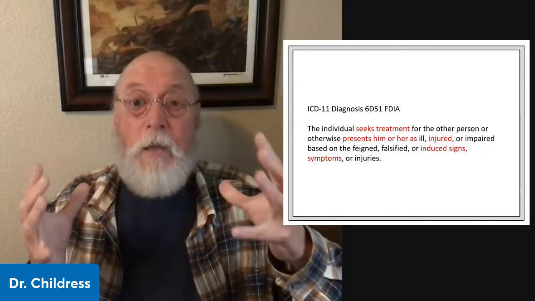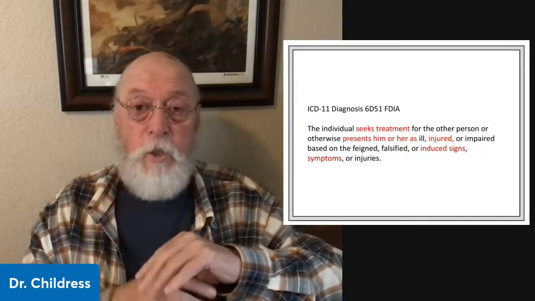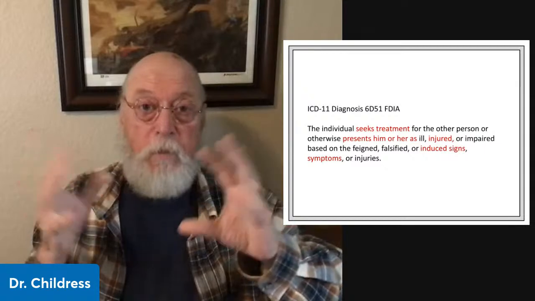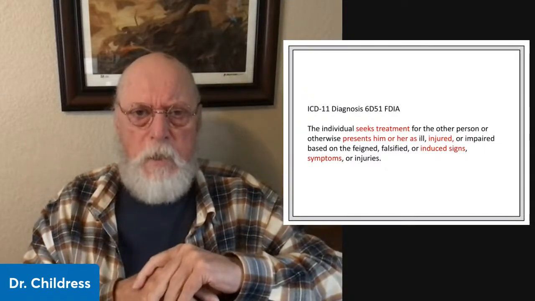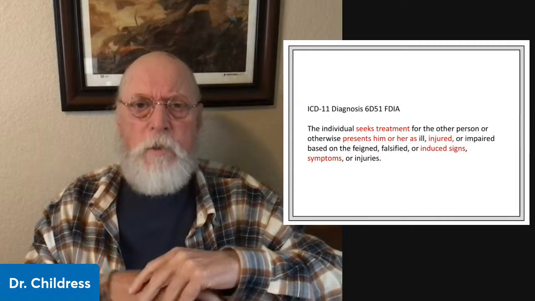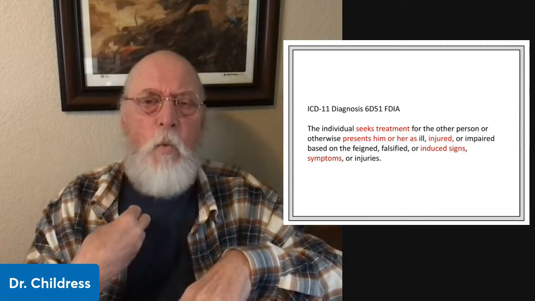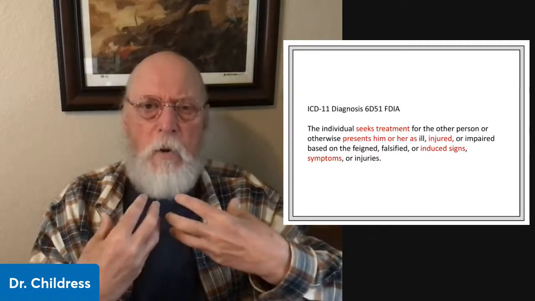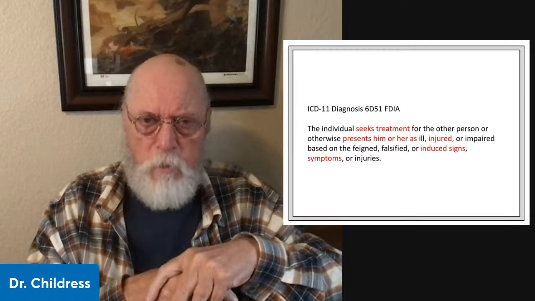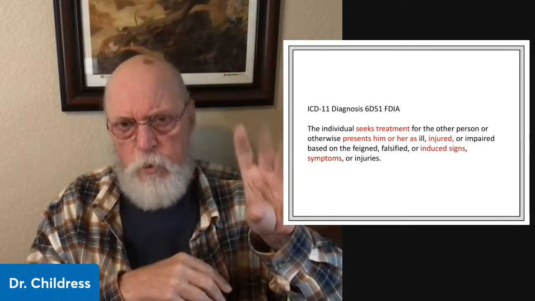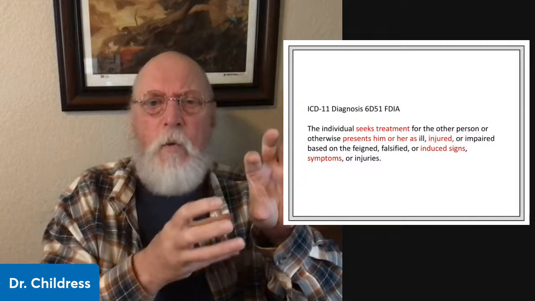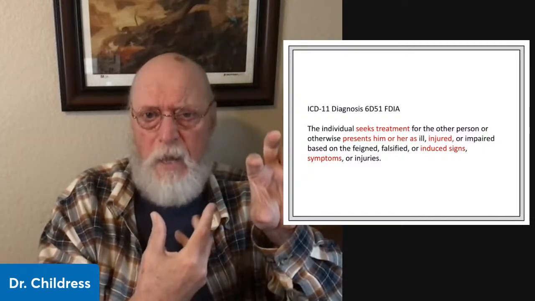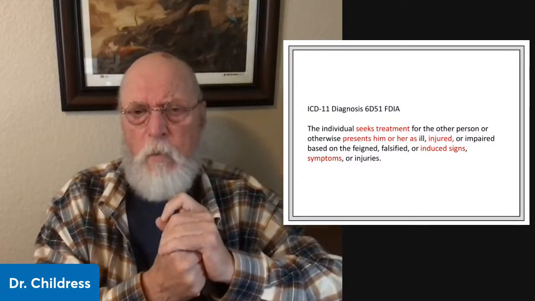Now, in classical FDIA, back in Munchausen days, when I was trained up in it in Children's Hospital, there was another aspect to the DSM diagnosis called secondary gain. What were the rewards to the parent for producing the false pathology? So we had both producing the false pathology and also identifying what the secondary gain to the parent from doing that was.